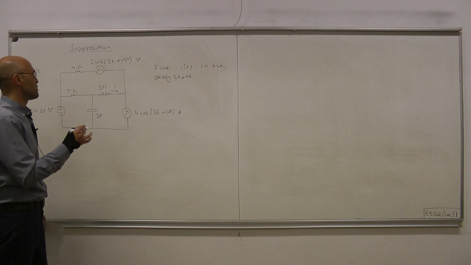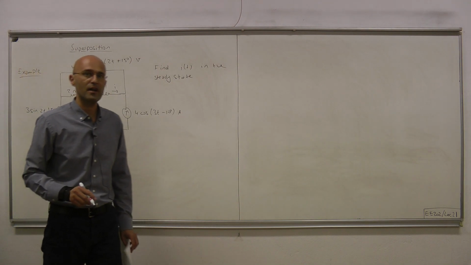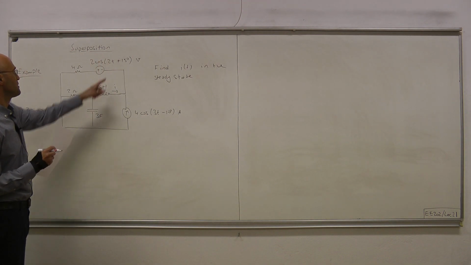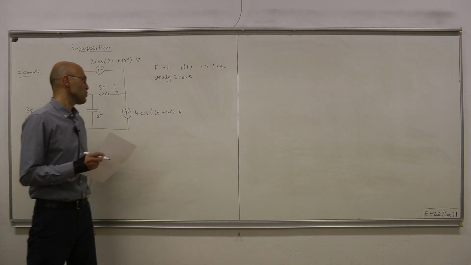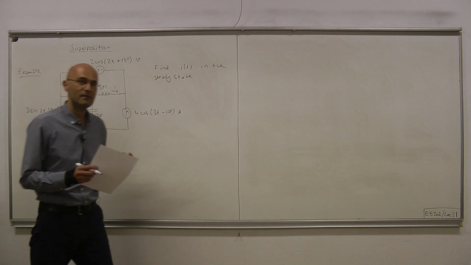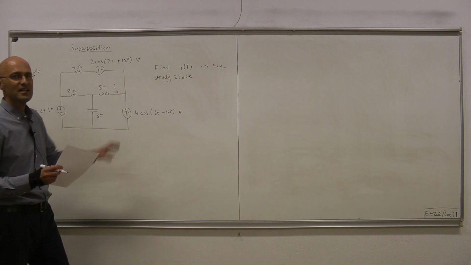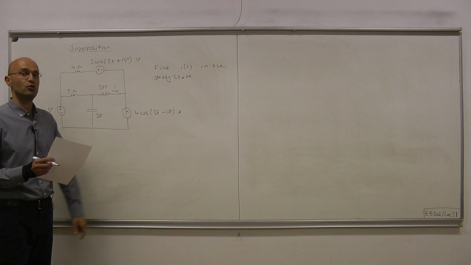So that's the problem when you have more than one frequency in your circuit. In this case, we have 2 different frequencies: 2 sources operating at 2 radians per second and 1 source operating at 3 radians per second. When you have more than one frequency, you cannot obtain a single phasor domain circuit.